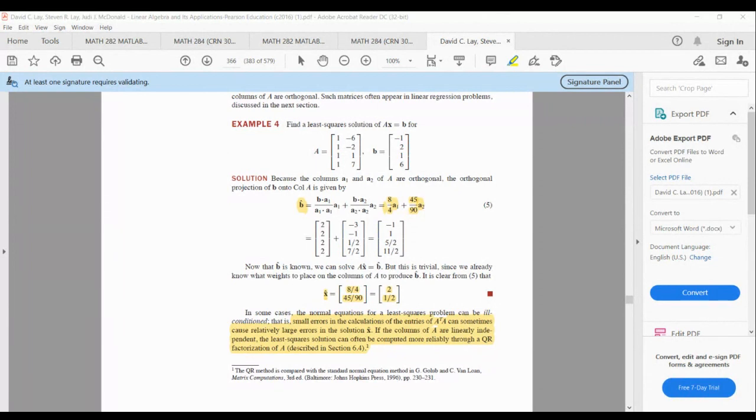That is, small errors in calculations of the entries of A transpose A can cause relatively large errors in the solution. And again, that's because anytime you take an inverse, if you're able to take an inverse, it can introduce errors, round-off errors, relatively speaking.